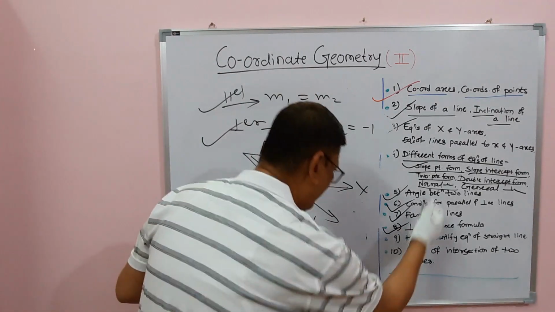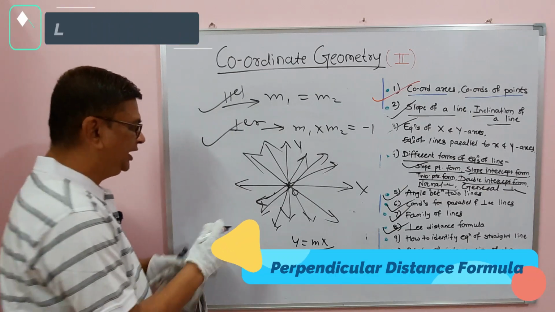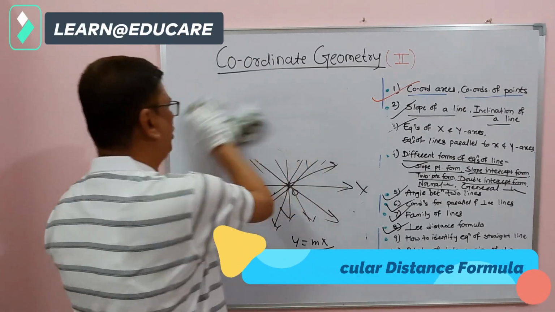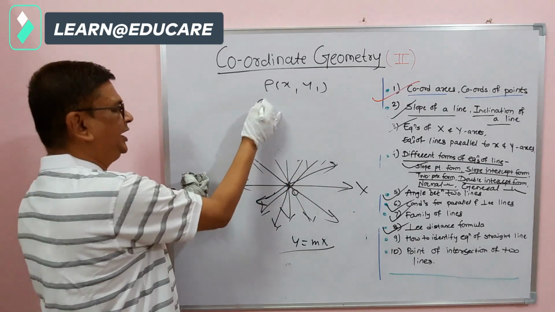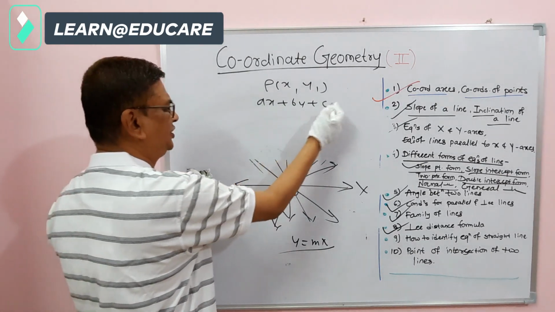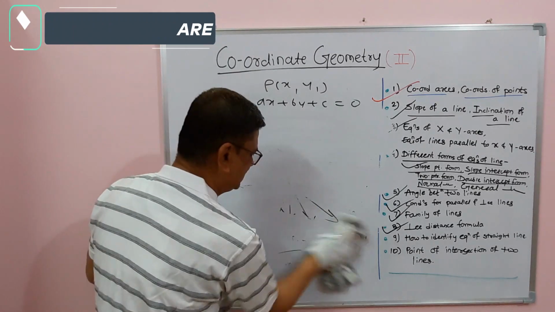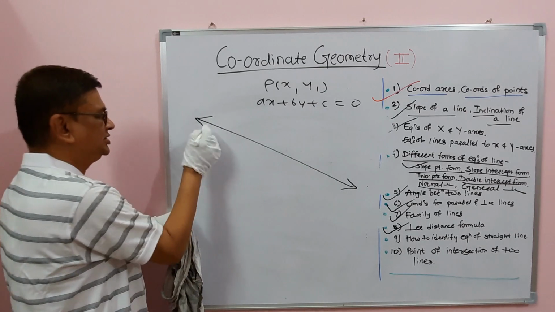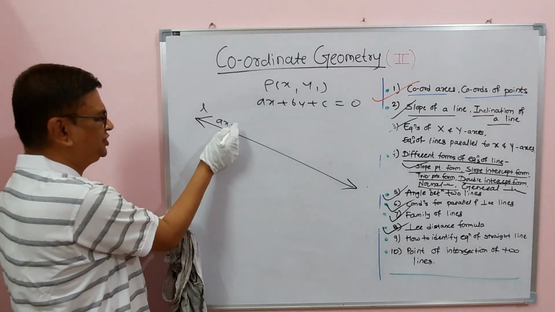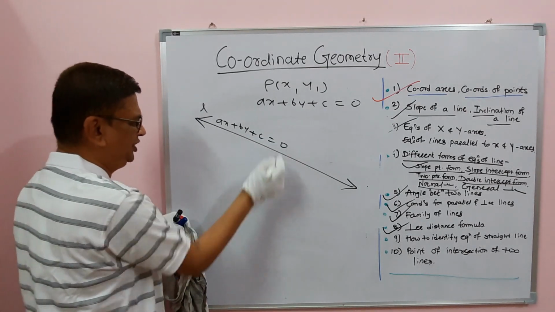Then perpendicular distance formula. If we have a point with coordinates given, for example this P has coordinates x1, y1, and if a line has this equation ax plus by plus c equal to 0, and if you show it geometrically in the diagram, something like this, suppose it is the line L having such equation ax plus by plus c equal to 0.